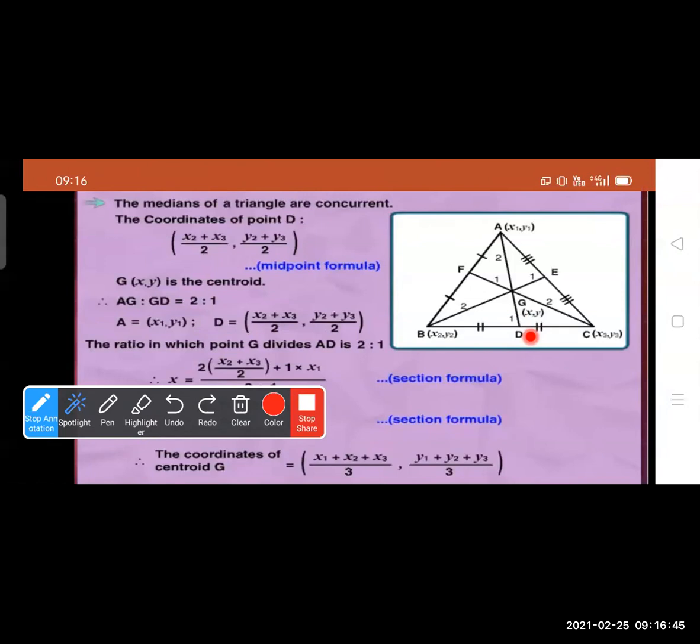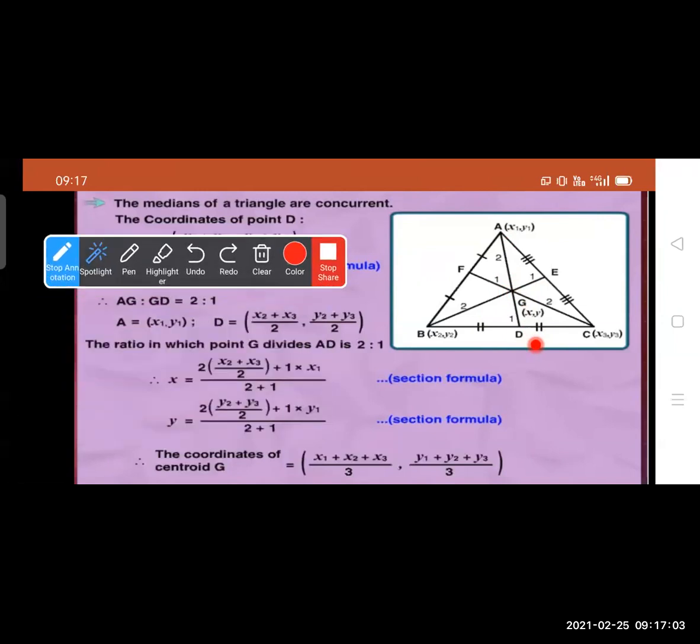Here we say that this G is the centroid. If we use the word centroid, that means this G divides the line segment AD in the ratio 2:1. Okay, and here we have coordinates x2 plus x3 by 2 and y2 plus y3 by 2. So this point G divides AD internally in the ratio 2:1.